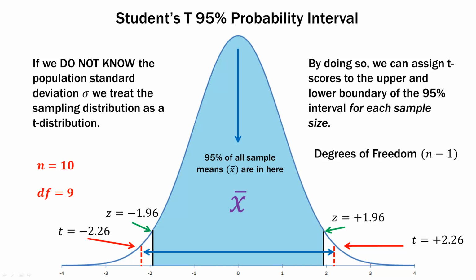Well, that's like this curve. So when we're using the student's t, we kind of bite down in the middle, and then the extra squishes out on the ends, and therefore the boundary moves. So in this case, it's negative 2.26 and positive 2.26. Now the question is, how do we come up with those numbers?